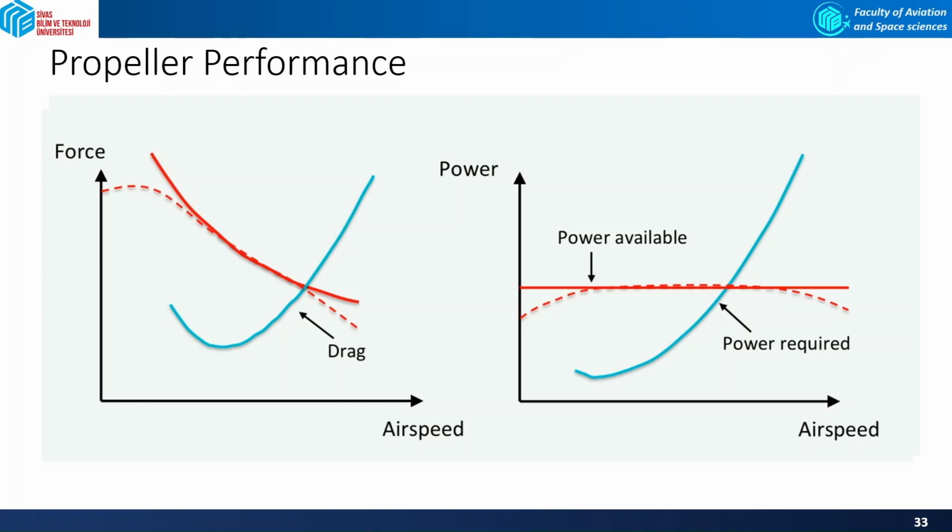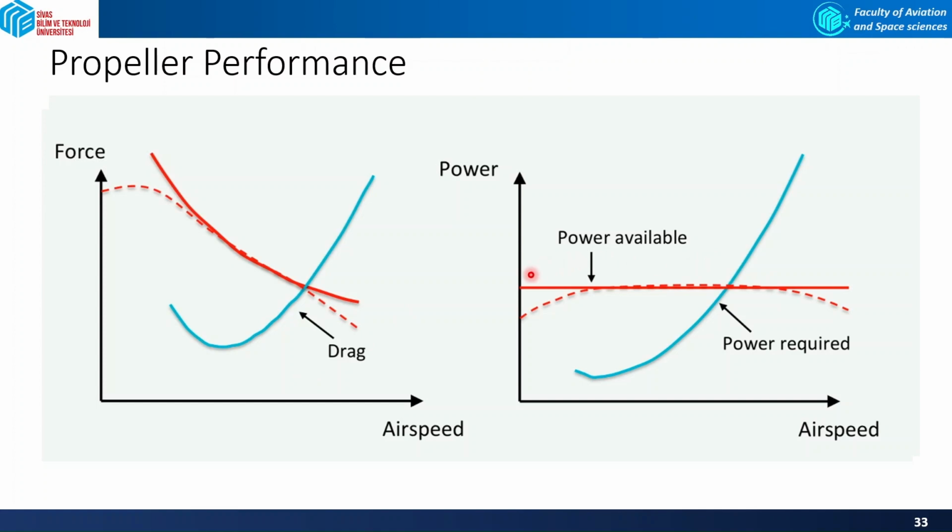But in reality, the thrust and power available of a variable pitch propeller have the following shapes as you see. The range of flight speed of interest for performance calculations in our studies is in the range where the power available is indeed constant.